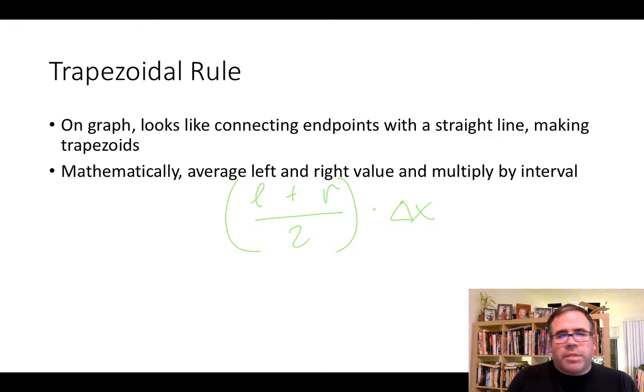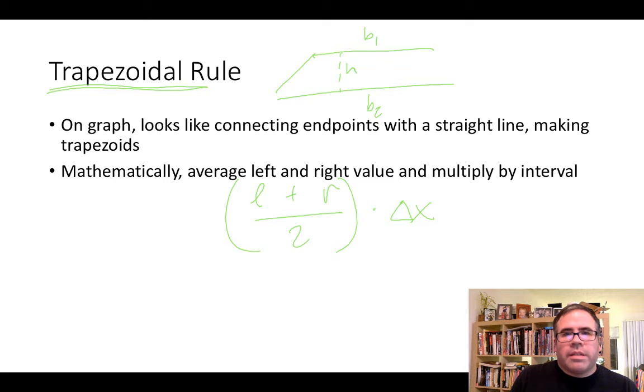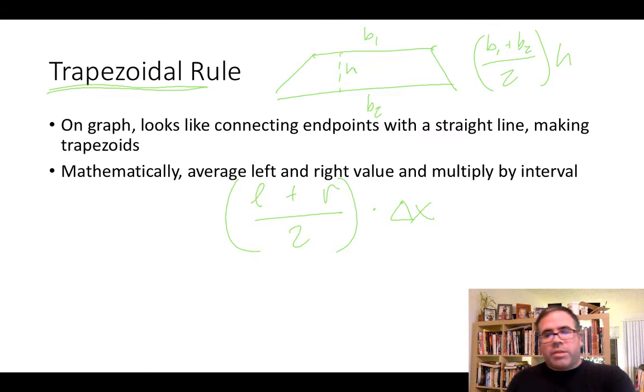And if you don't remember the formula for the area of a trapezoid, one of the things that trips people up is trapezoids are usually drawn this way, where you have one base and a second base, and then a height. The area of a trapezoid is, of course, base 1 plus base 2 over 2 times the height, which superficially looks pretty much exactly the same as this. And that's why you can do the trapezoidal rule mathematically without ever drawing a trapezoid. But on the graph, it looks like a trapezoid.